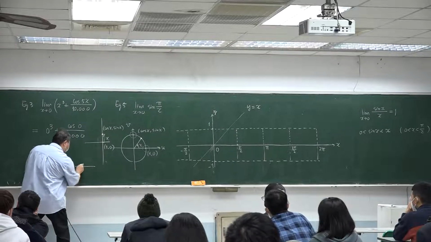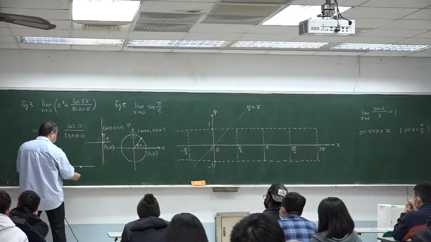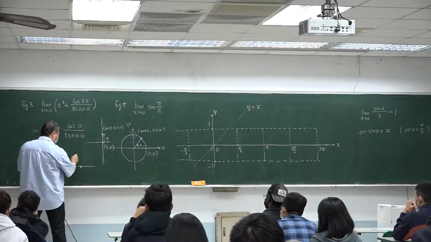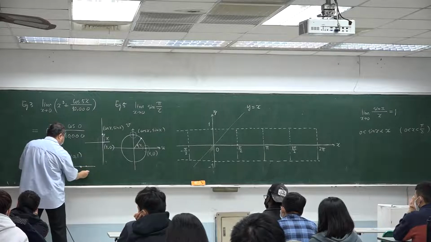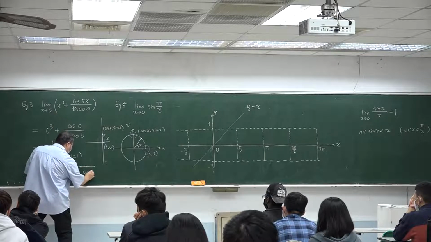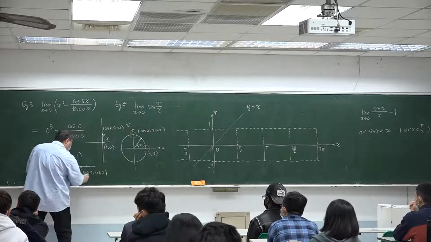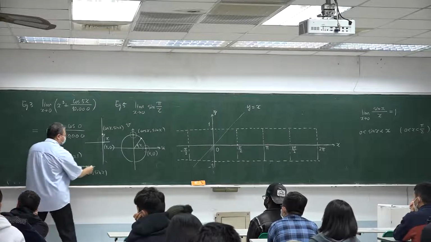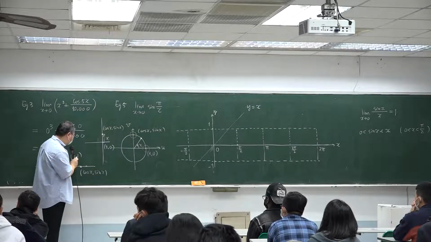In this case, this is 0, 1, and this is cosine x, sine x. Sine is the y coordinate, almost the same value, almost 1.